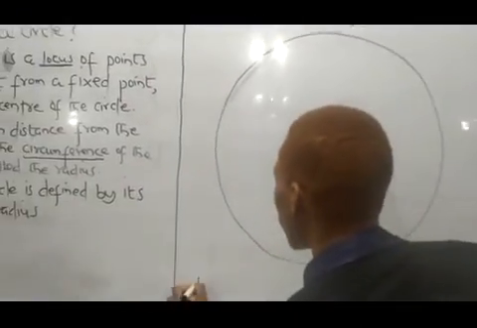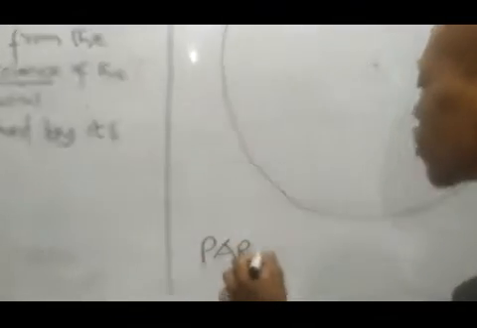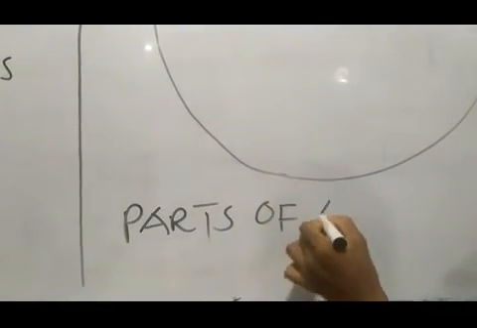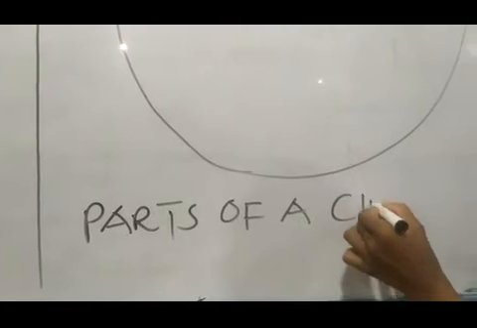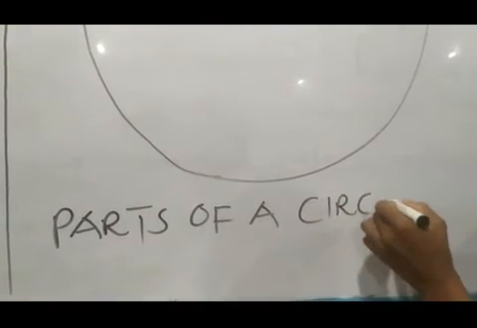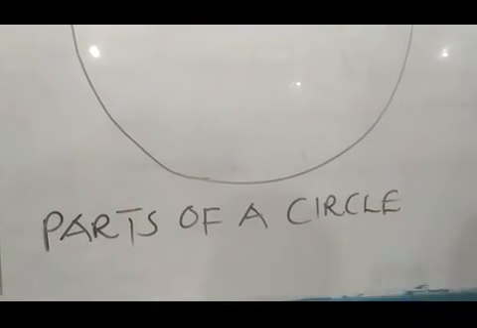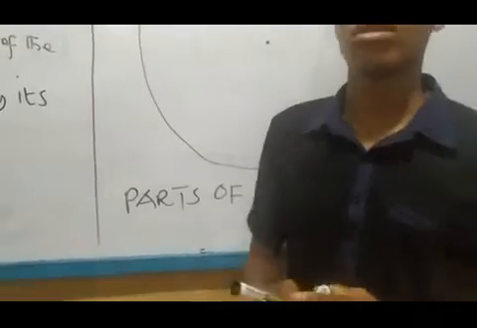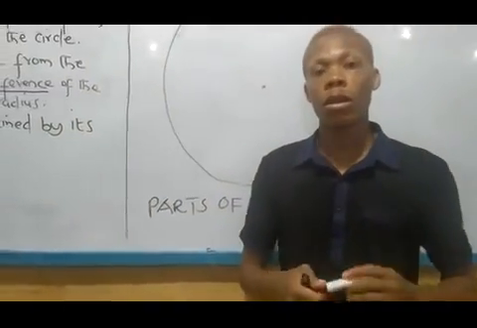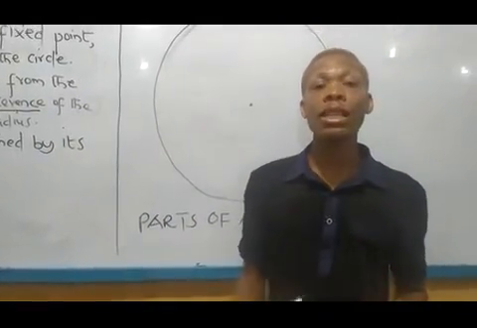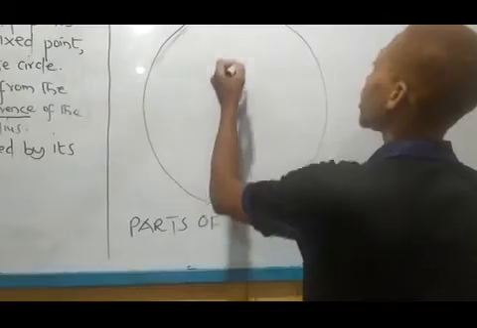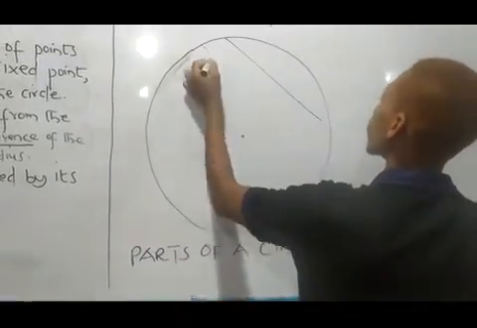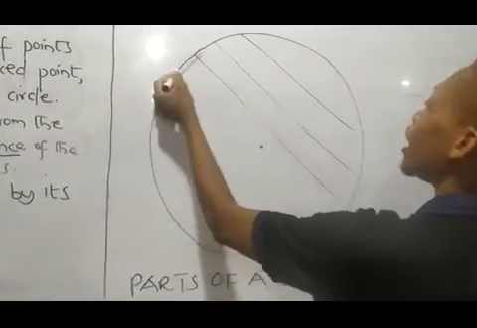So, parts of a circle. To make it easy for you, I will just shade this to mean that this is the circle.